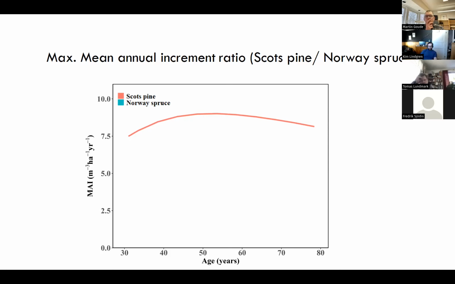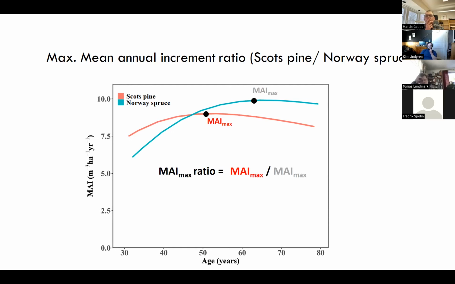You can see how we simulated the mean annual increment for Scots pine, and then we did exactly the same for Norway spruce. The next step was to find the culmination of mean annual increment for both species. And then out of that, we calculated the ratio. This is how we expressed how we compare the growth of both species. But that was just an example for one stand, and we did exactly the same for all 102 species comparisons.